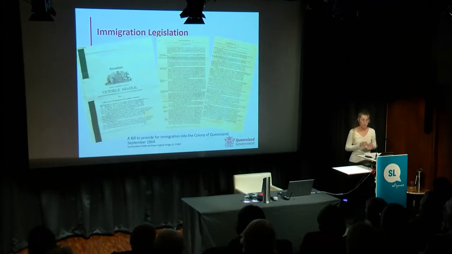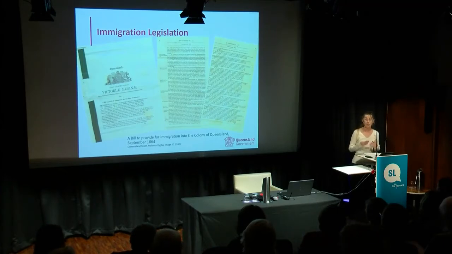And it varied quite significantly over the decades, and the legislation changed over time according to the economics of the time, but also according to population requirements, because they came to a period of time where they realised there were lots of blokes in the colony and not enough ladies. So what are you going to recruit? That's right, more women of marriageable age who can create little babies to build the population, that's right.